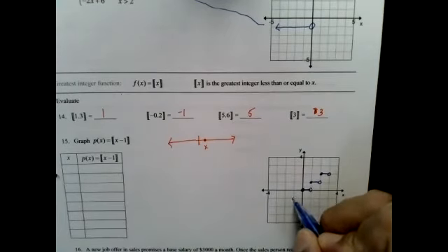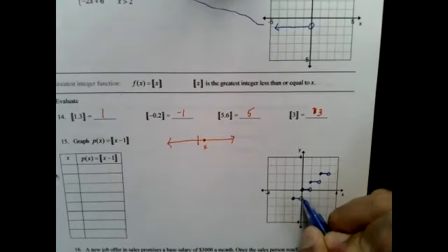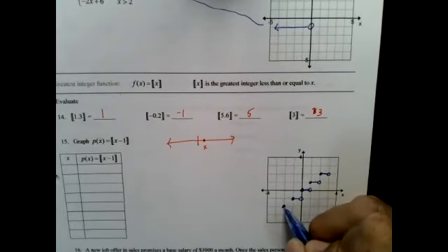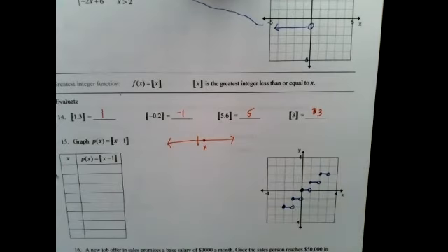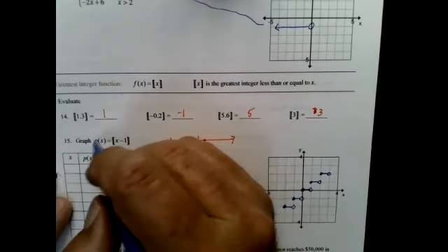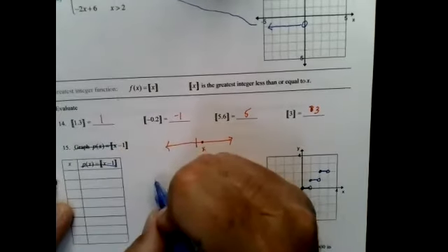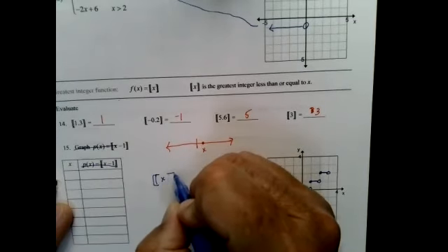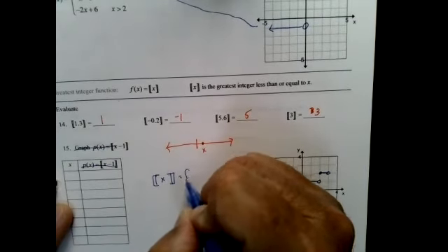So by looking at the pattern, I can now go into the negatives. And again, I said today we're going to be looking at some goofy graphs. There's a goofy graph. It's goofy. So I don't want the graph of this. I just wanted to see what the graph of the greatest integer function was.